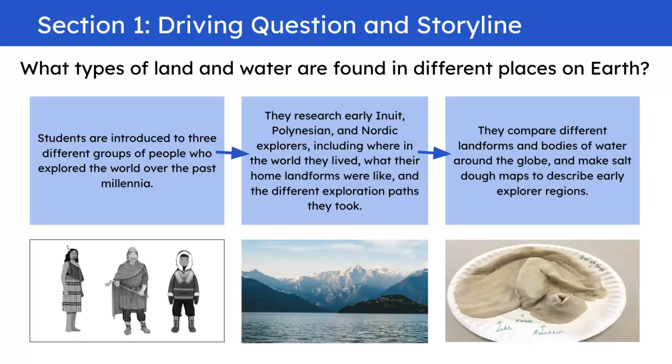They research early Inuit, Polynesian, and Nordic explorers, including where in the world they lived, what their home landforms were like, and the different exploration paths they took. The section concludes as they compare different landforms and bodies of water around the globe and make salt dome maps to describe early explorer regions.